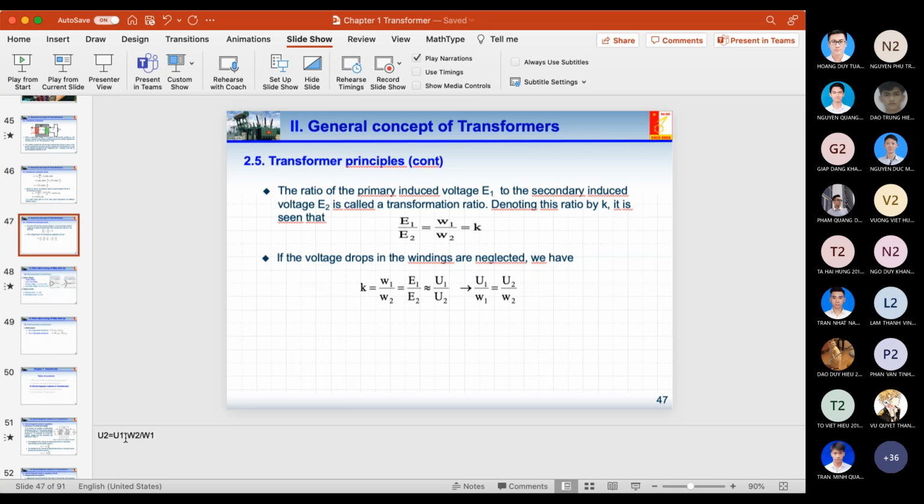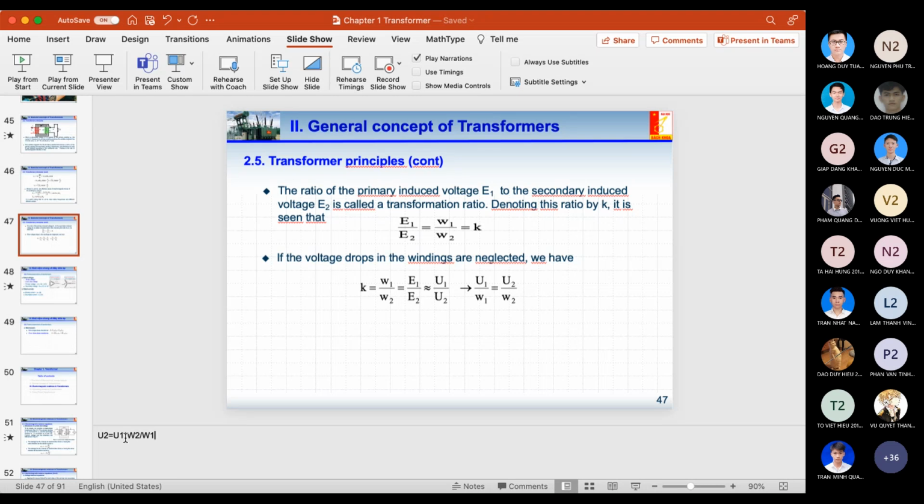If U1 changes and you want to keep U2 constant, how to do it? We change the ratio of W2 over W1. Yes, I know, and everyone knows, but you can change the number of turns of W2 or W1.